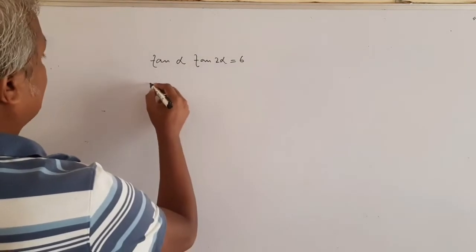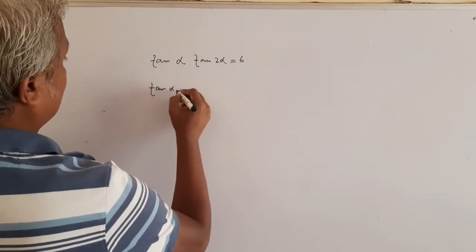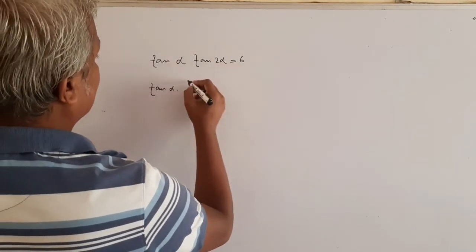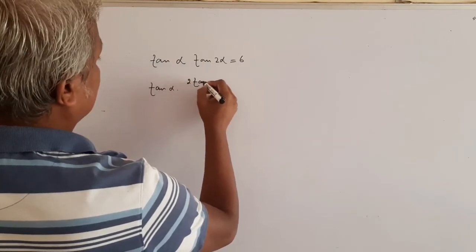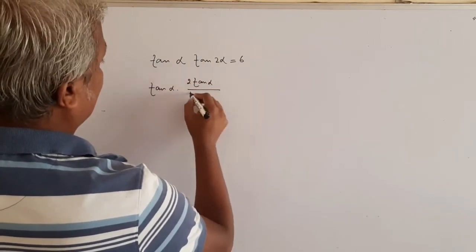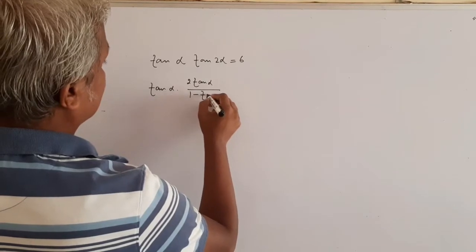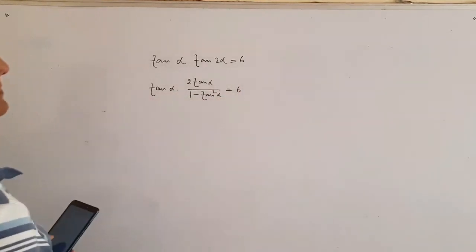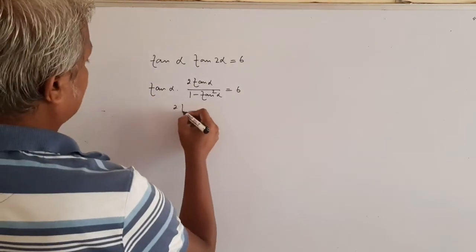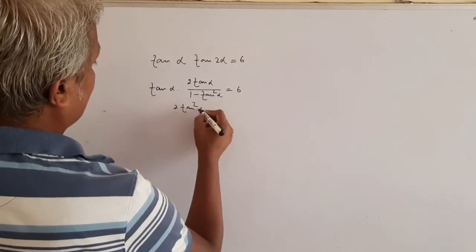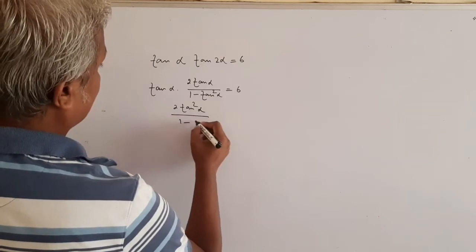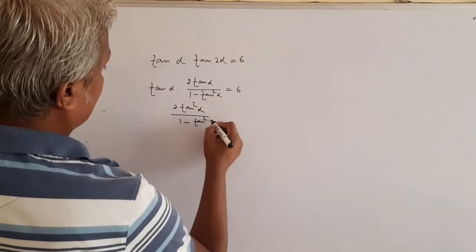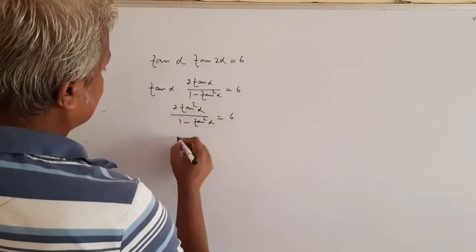We know that tan 2 alpha is 2 tan alpha over 1 minus tan square alpha, which is 6.